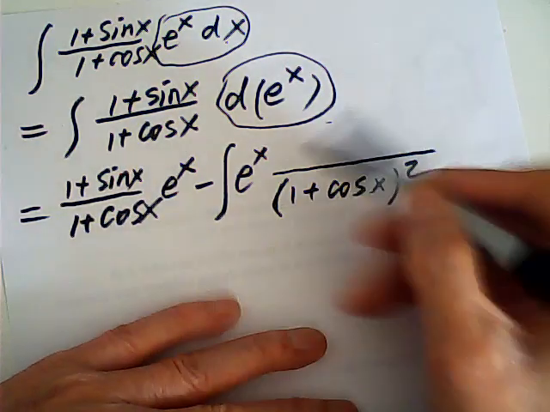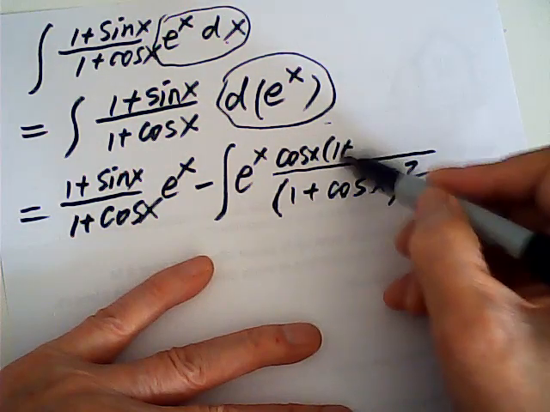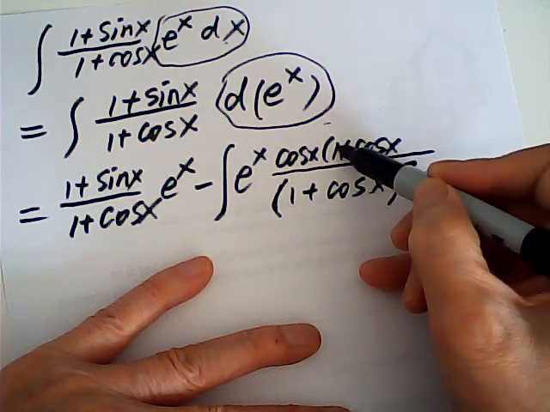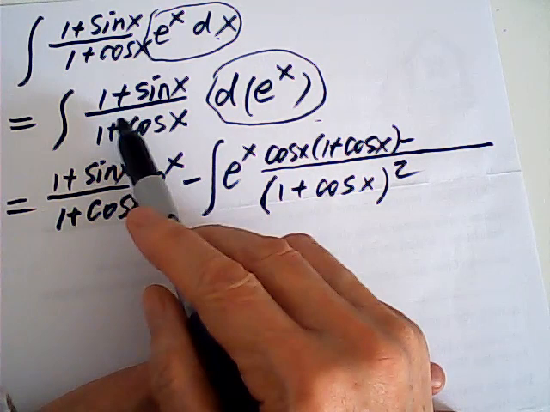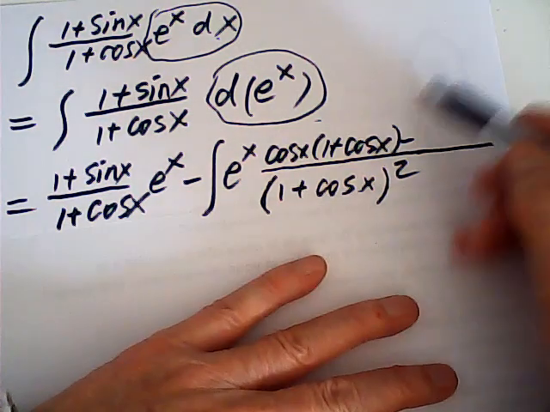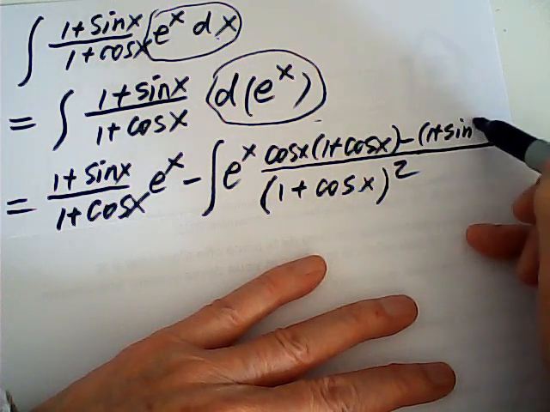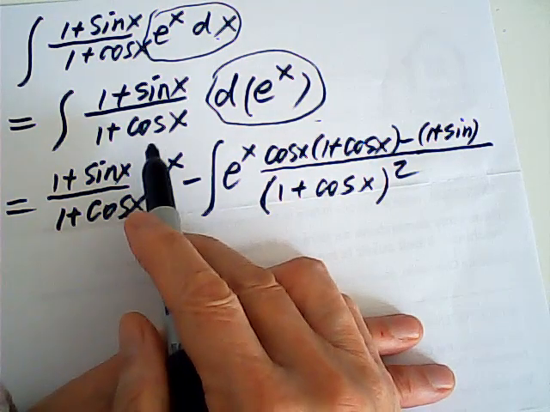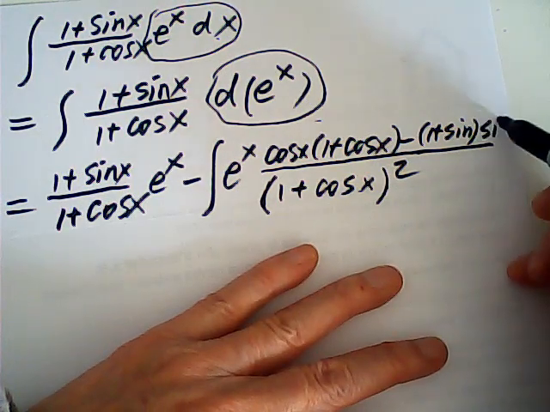The derivative of this one is cosine times 1 plus cosine x, minus the numerator, which is 1 plus sine x, times the derivative of the denominator, which is negative sine.